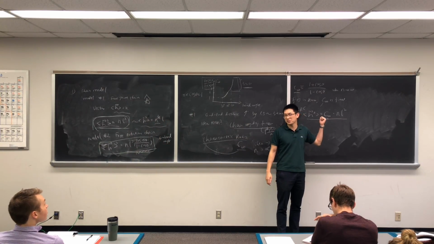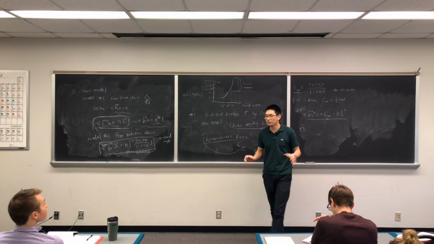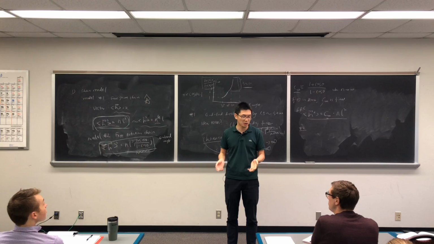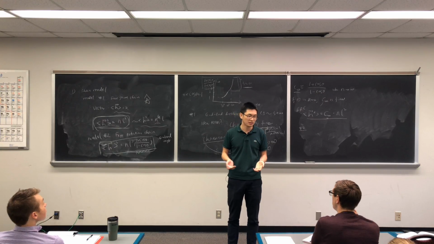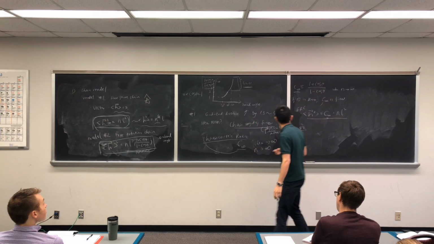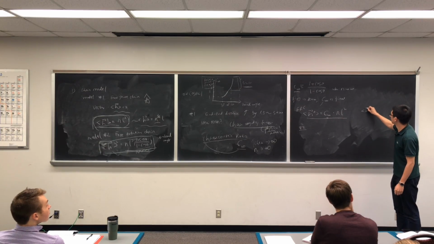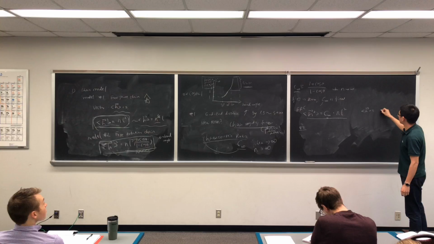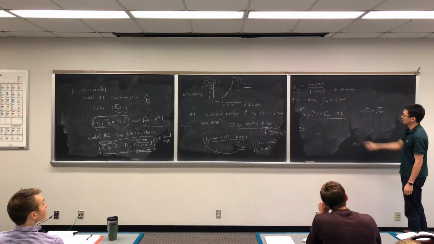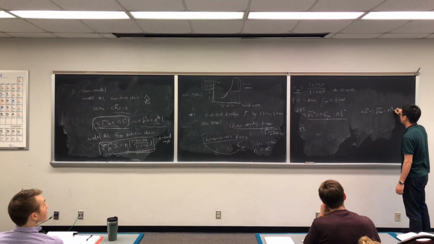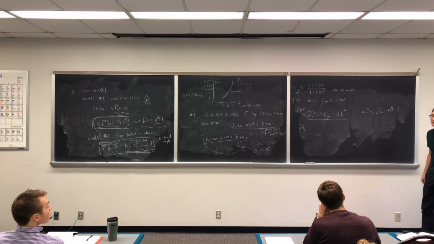The same model works here: if you need the end-to-end distance to double, your number of bonds still needs to increase 4 times, right? It's still the root. You still have the root relationship here. So if we take a root, you still have the characteristic ratio dot n half and dot L, right?